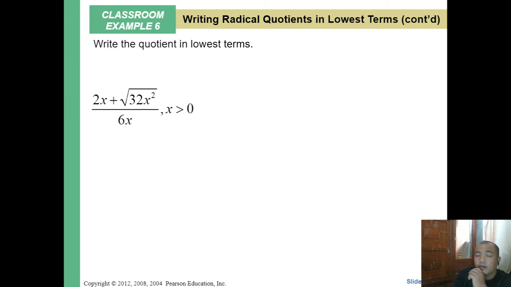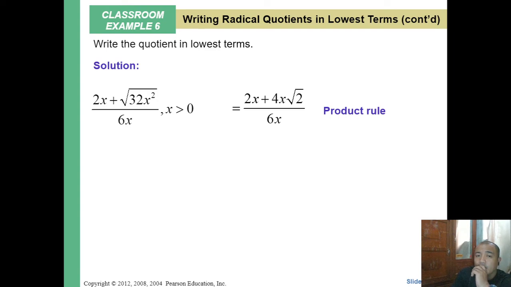Another one: 2x plus square root of 32x squared over 6x. By the product rule, 32 is 16 times 2, and x squared is factored with the 16, so 16x squared gives 4x outside the radical sign, and what remains inside is 2. So, 2x plus 4x square root of 2 over 6x.